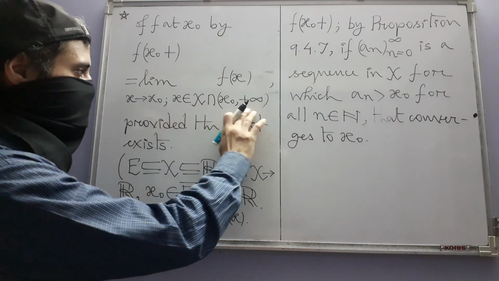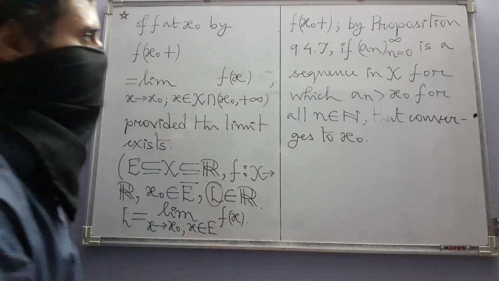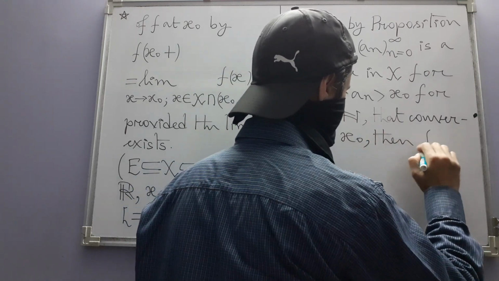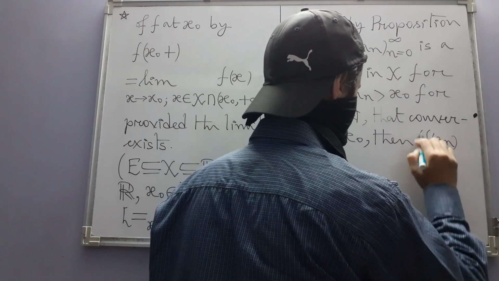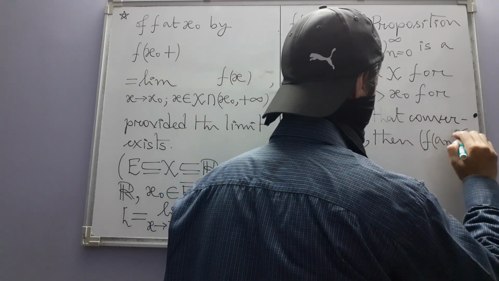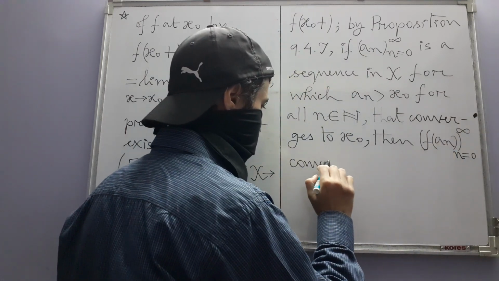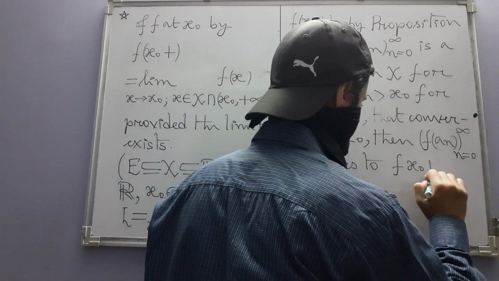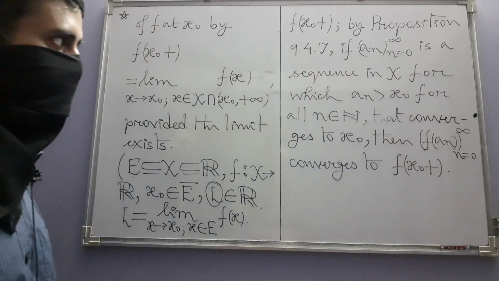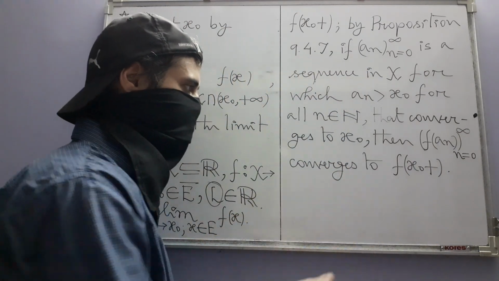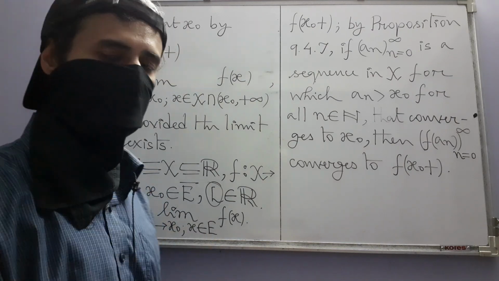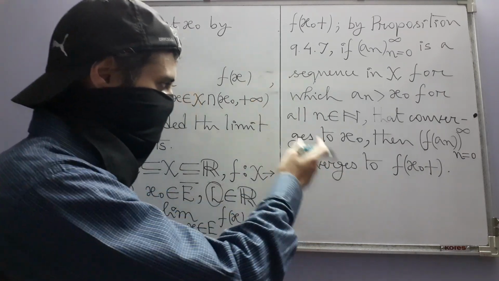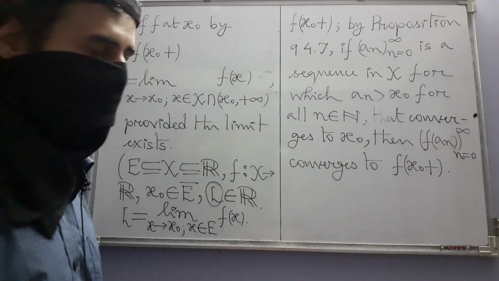It is not any sequence in this set but a sequence that converges to x naught. Then this sequence f of a_n converges to the right limit of f at x naught. A similar statement can be made for the left limit also in case it exists. But let us now see one example. Actually this discussion comes after the example, but I am saying it now itself.